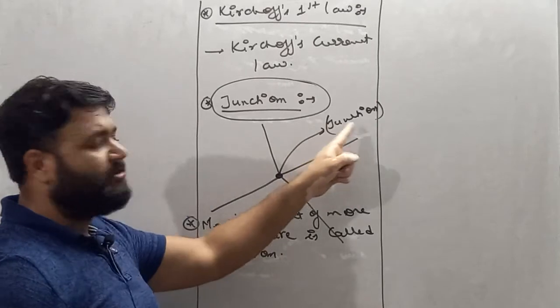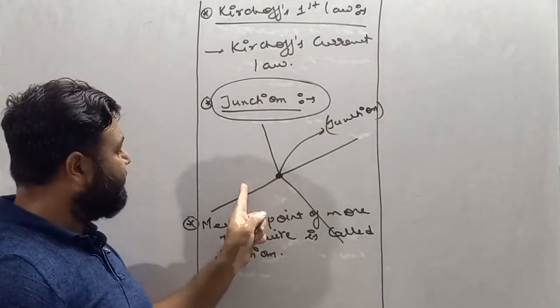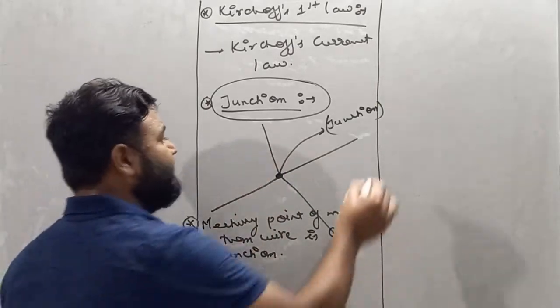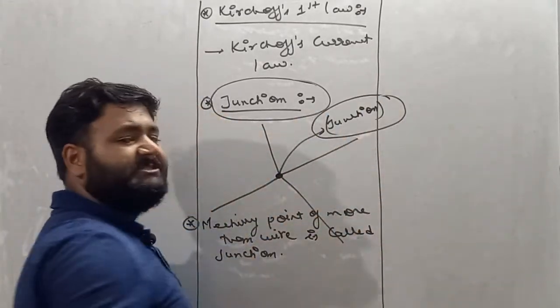This point is called junction because at this point 1, 2, 3, 4, more than one wire is meeting.